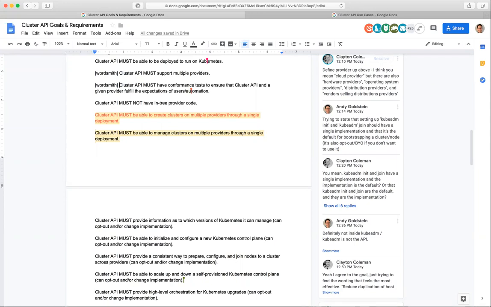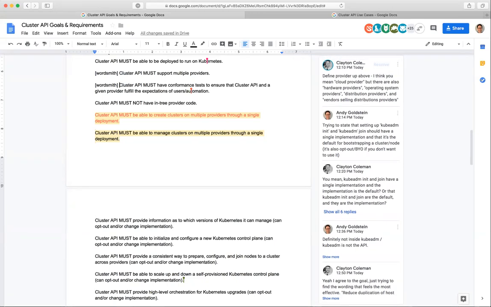Well, I think there's two aspects to it. There's, do the providers work with cluster API? So let's pretend we have gRPC based providers. If I deploy my provider, is it implementing all the right gRPC services, and do they all function? And when I ask for a cluster, do I get a cluster?